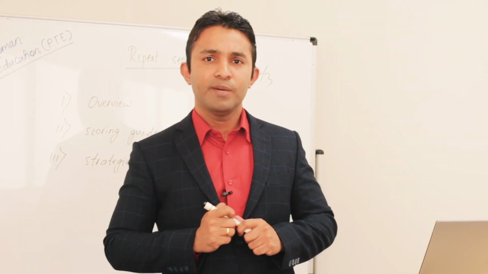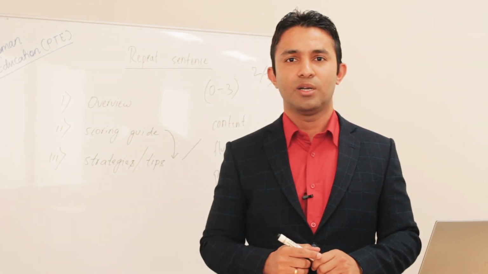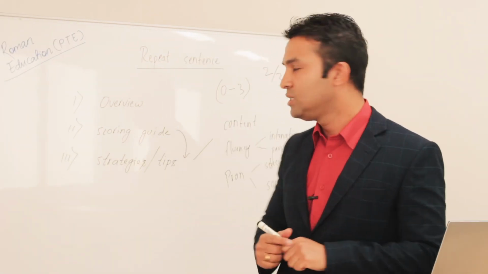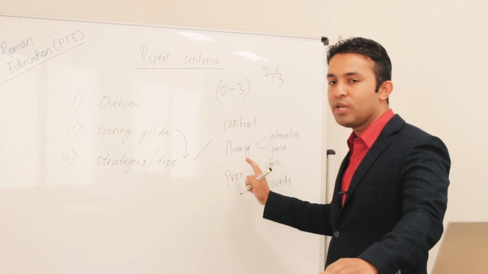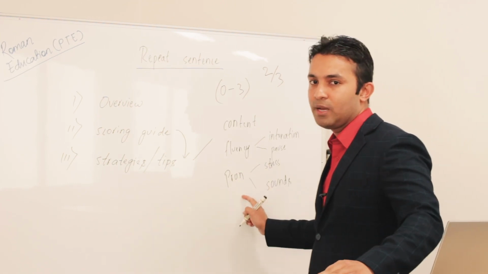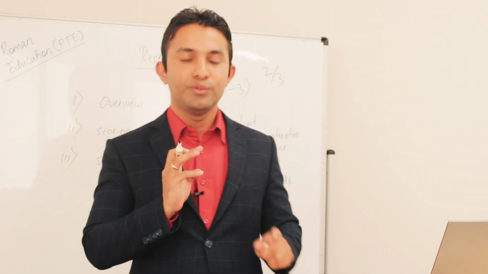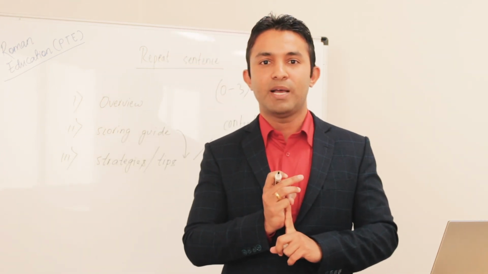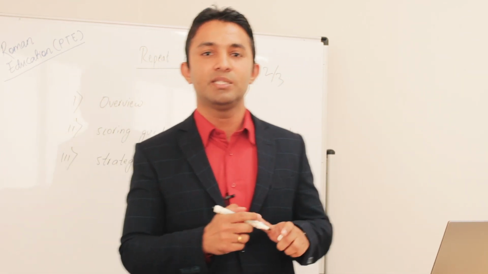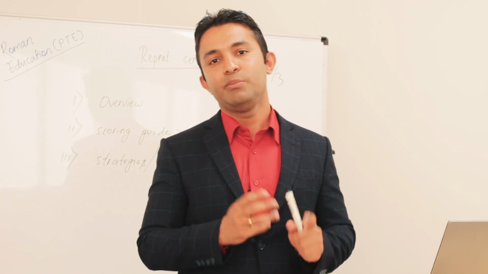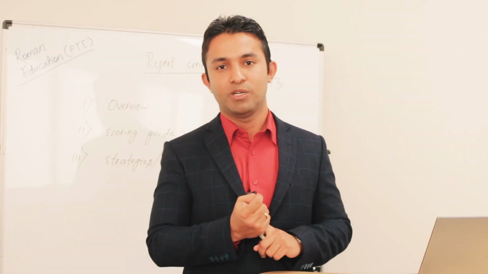Now, if you have spoken at least a word or a few words, then you will be considered for scoring of fluency and pronunciation. Provided that you do not miss out on correct intonation pattern, and you're able to repeat the sentence as the speaker does, then you will get full score for fluency and pronunciation.